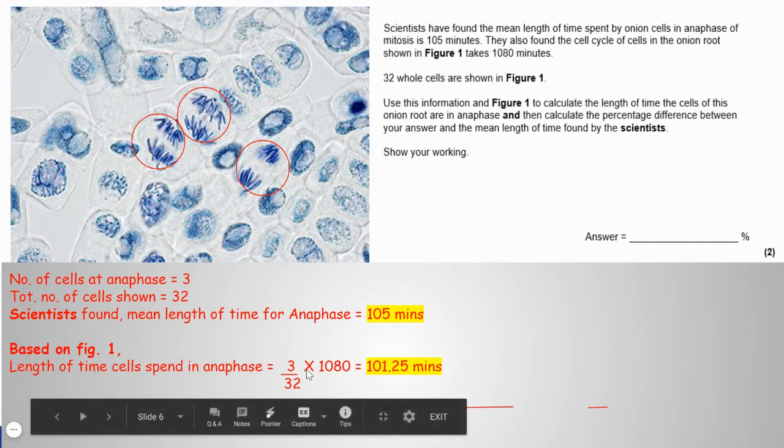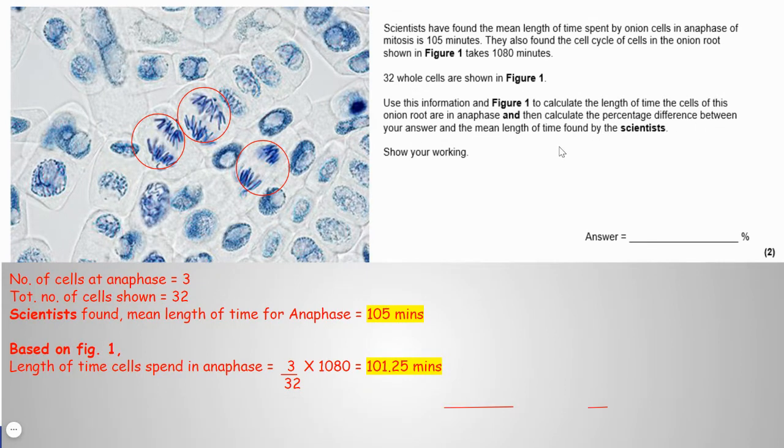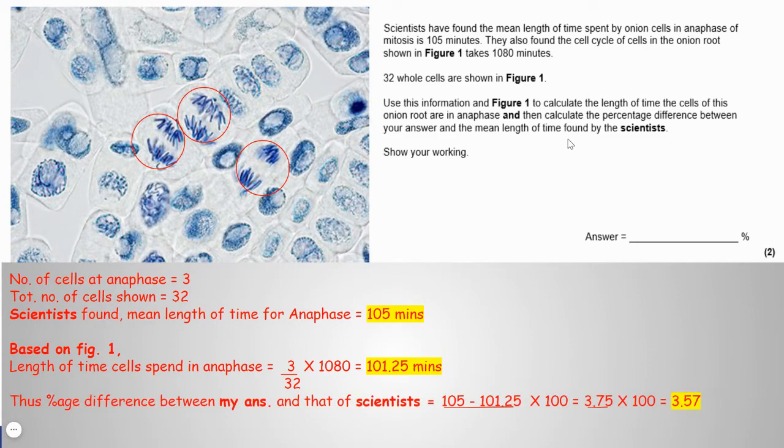So 3 by 32 into 1080 gives us 101.25 minutes. But what did the scientists get? They got 105 minutes. Now, what is my next step? I have to calculate percentage difference between my answer and the scientist's length of time found. So first I'm going to find the difference, and then I'm going to convert that difference into a percentage.